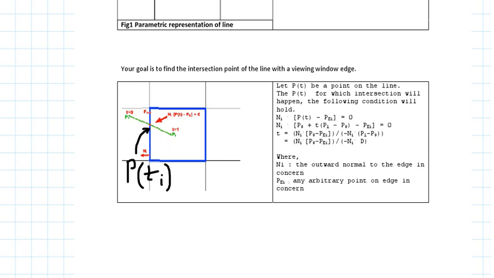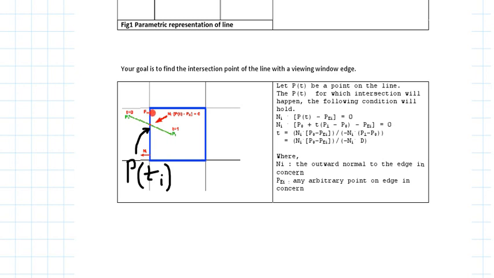I repeat it once again. You have to assume one outward normal to the edge in concern. In this case, our edge in concern is the left edge of the clipping window. Then next, you have to assume an arbitrary point Pe on the edge in concern.